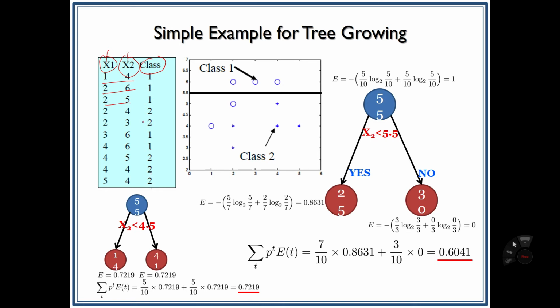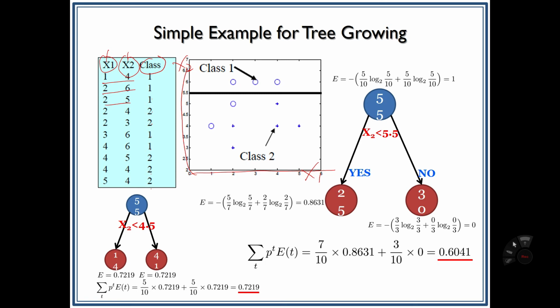Because we have coordinates on two independent variables, x1 and x2, we can plot dots in this two-dimensional space for all 10 observations. They are indicated by either a circle or a dot: the circle indicates class 1 and the dot indicates class 2. So now you understand this figure.